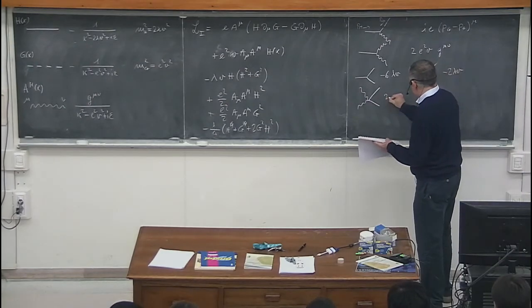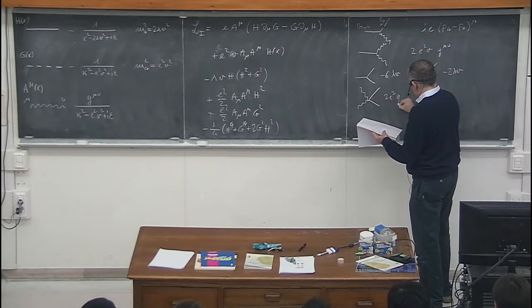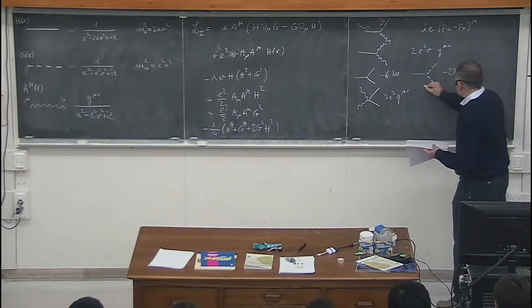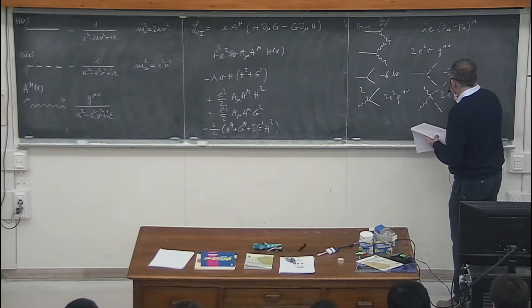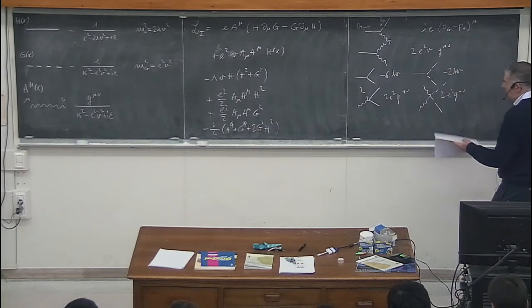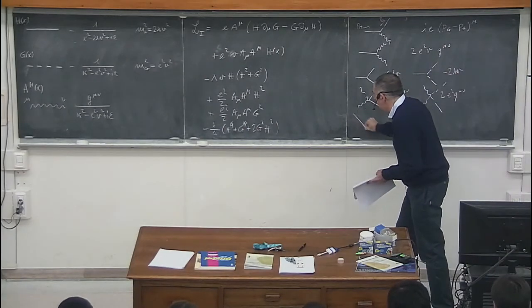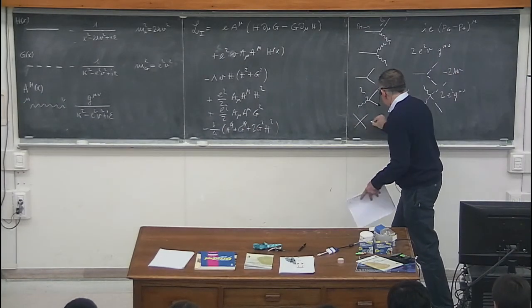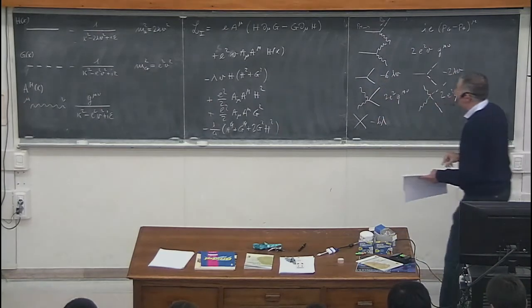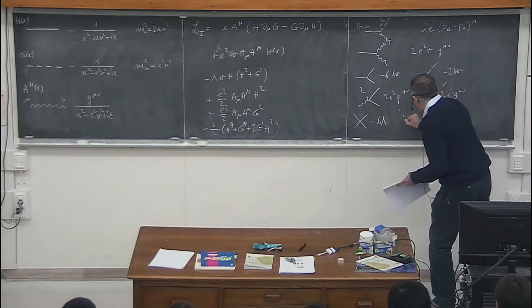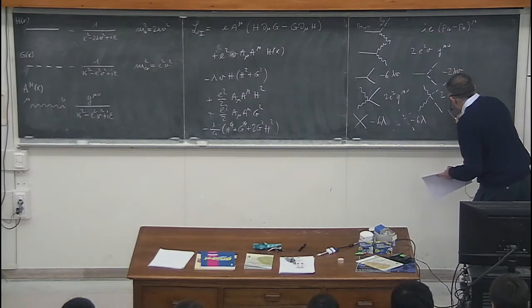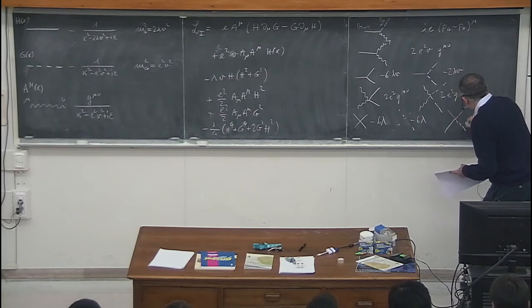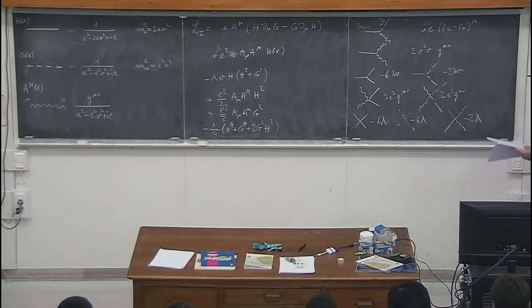And this is 2 e square g mu nu. Then I have this one, which is also 2 e square g mu nu. And finally, I have minus 6 lambda for the 4 Higgs vertex, minus 6 lambda for the 4 Goldstone vertex, and minus 2 lambda for the 2 Higgs, 2 Goldstone vertex.